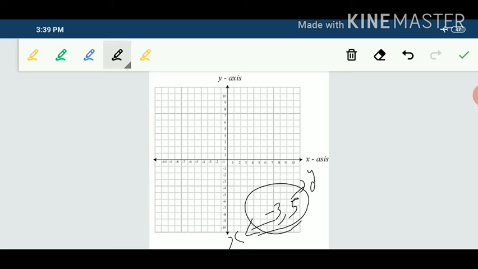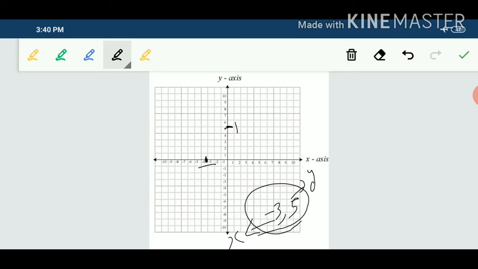X is negative, so it is on the left side. Here is x equal to -3. Second, y is 5. It is positive, so it is lying on the upper side of the region.